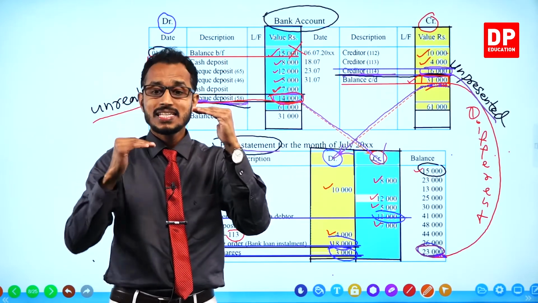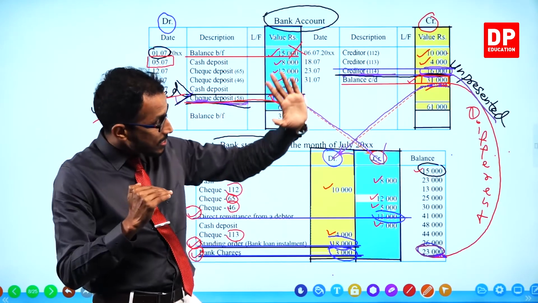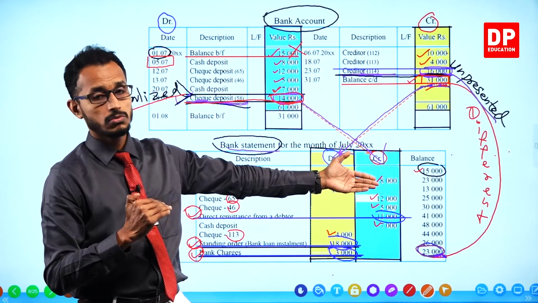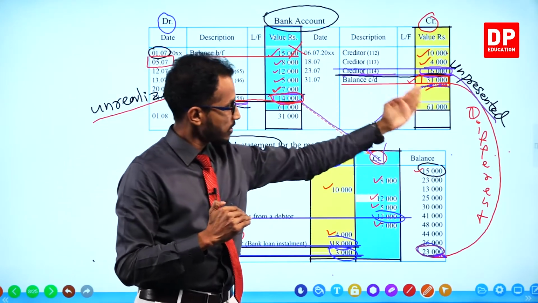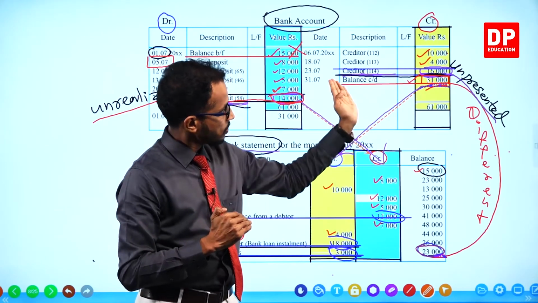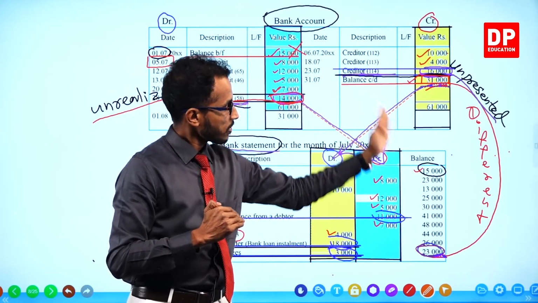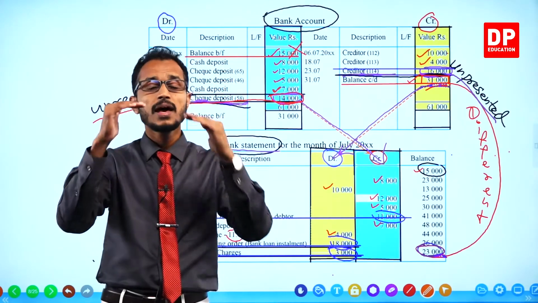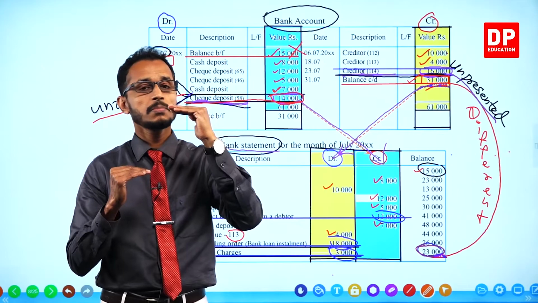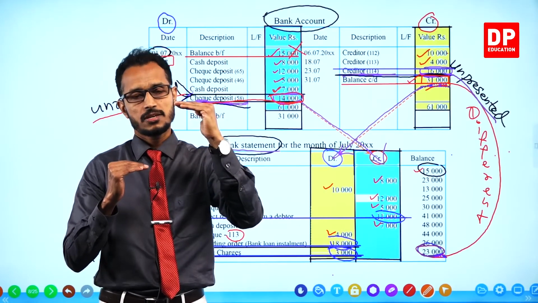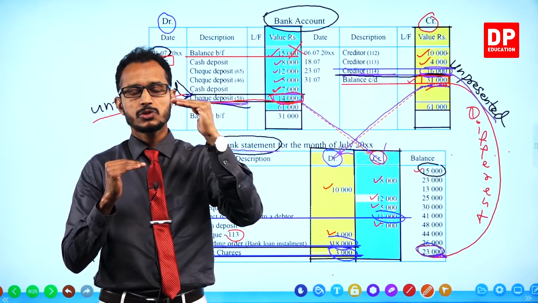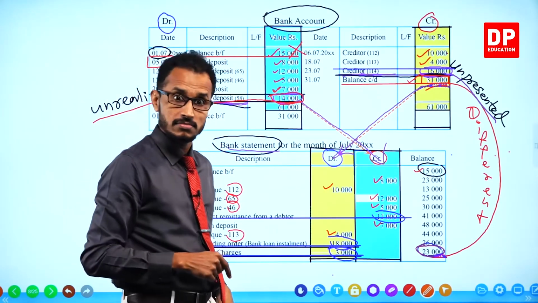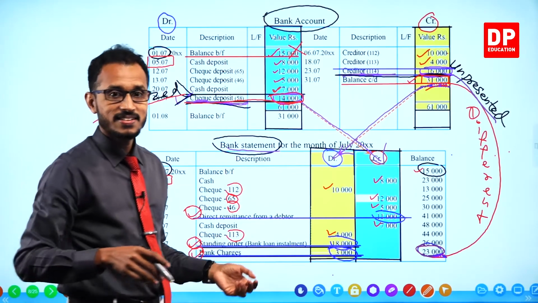Even though our bank balance decreased, those checks did not go to the statement. That's why they are not appearing in the statement. So the statement balance has not been decreased. To come to the statement balance, you should add these unpresented checks again. That's why you add unpresented checks.